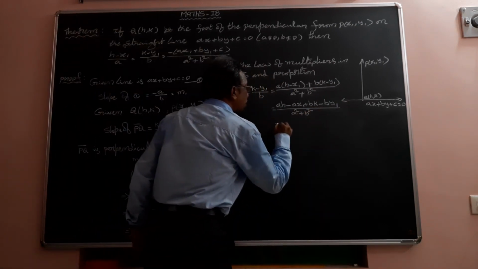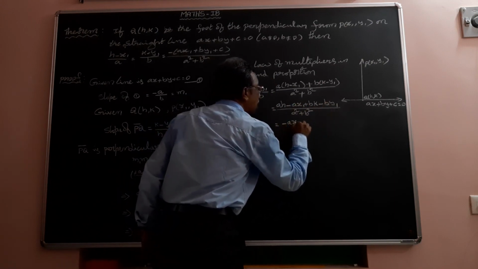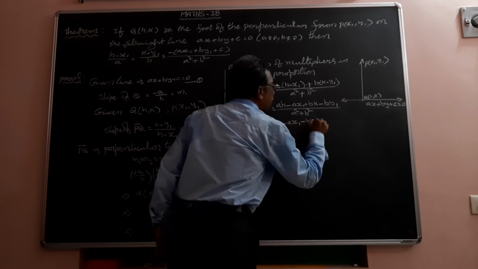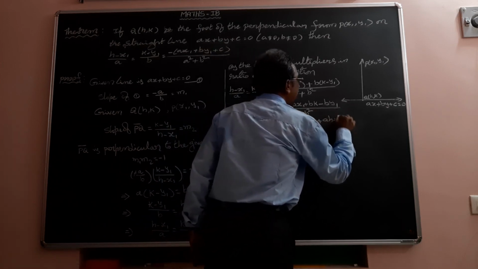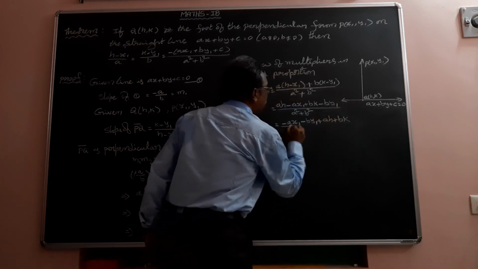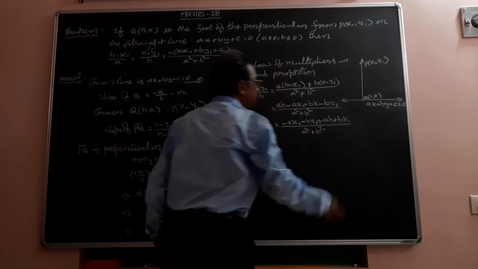Now I write this one. First of all, write the xy terms: minus ax1 minus by1 plus ah plus bk, by a square plus b square.